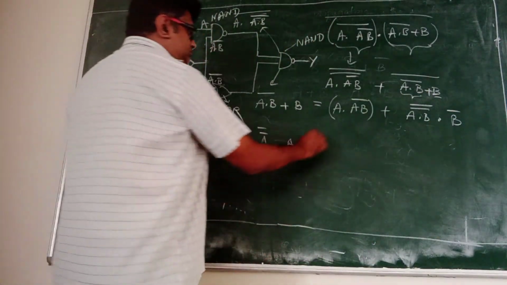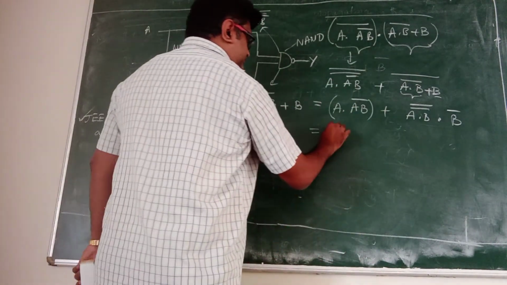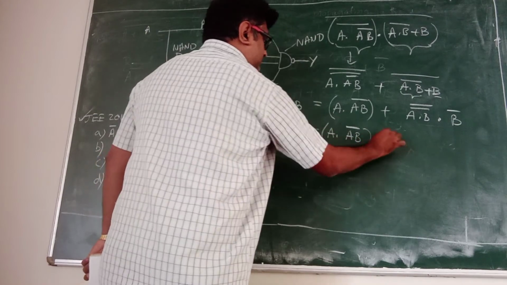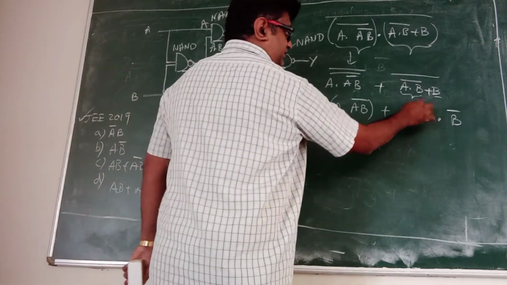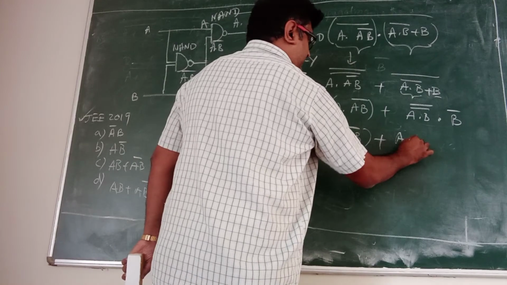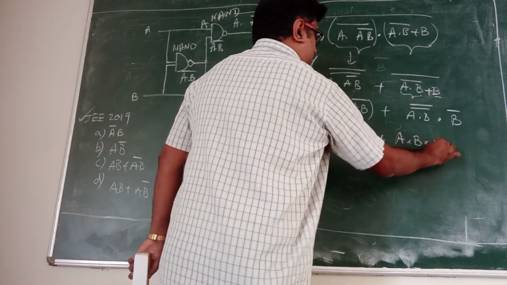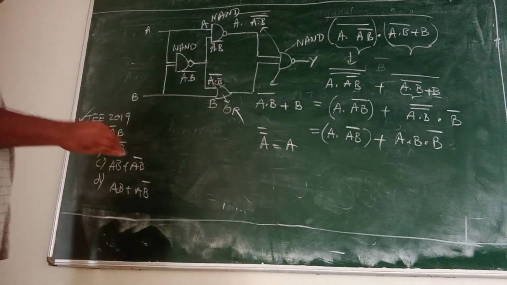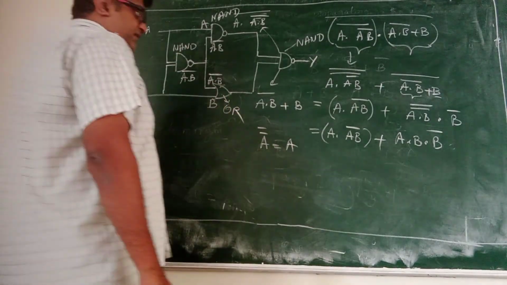Okay, so this is A dot AB bar plus, so there is double bar here, so this will become A dot B bar. I told you that B and B bar cannot be in the same operation, so it doesn't make any sense.